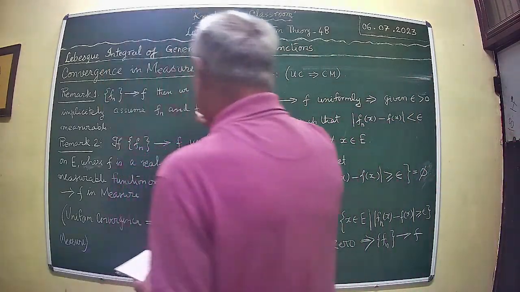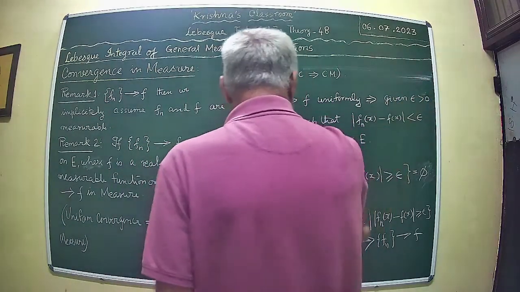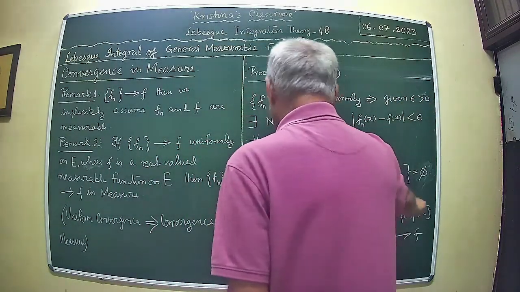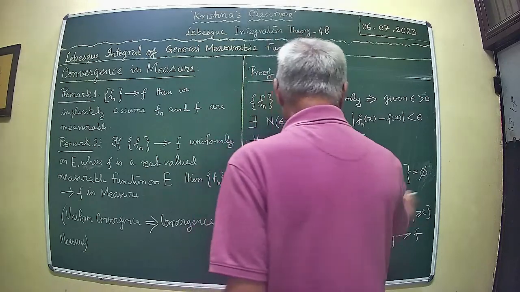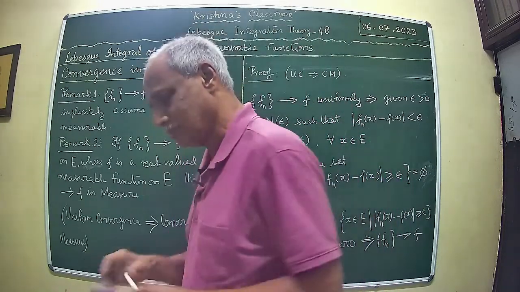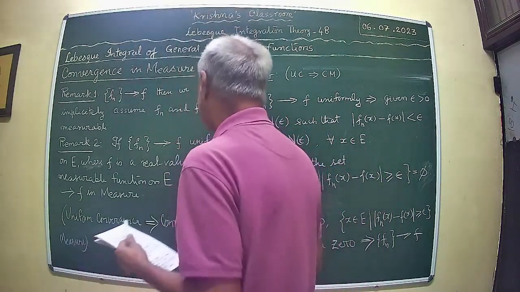So for each epsilon you can get this. What does it mean? It means that the measure of this goes to 0. Okay, fine.